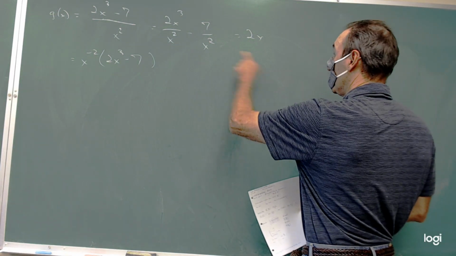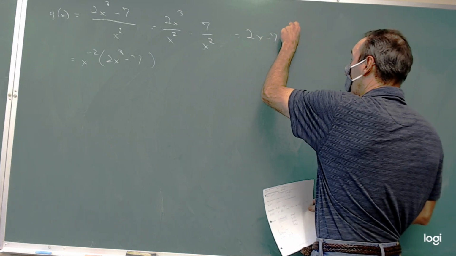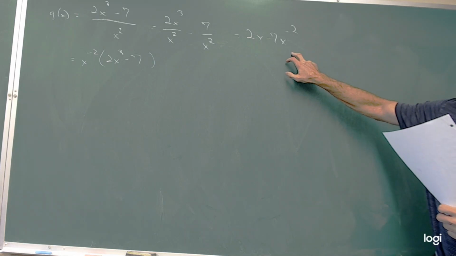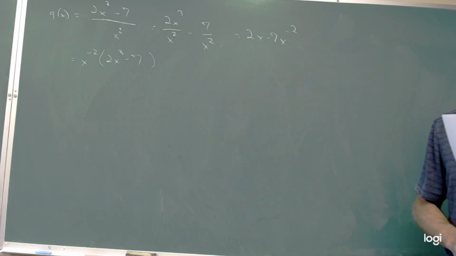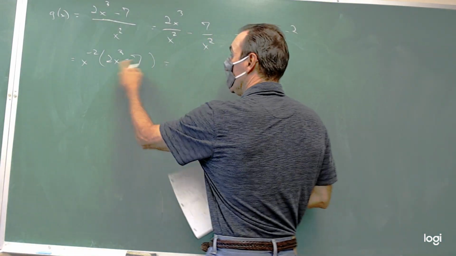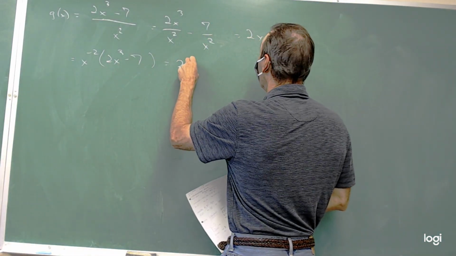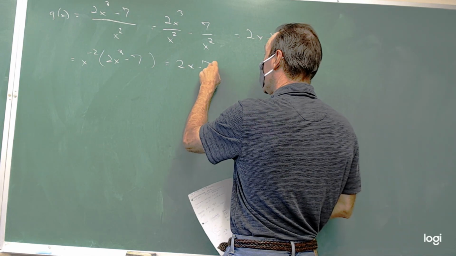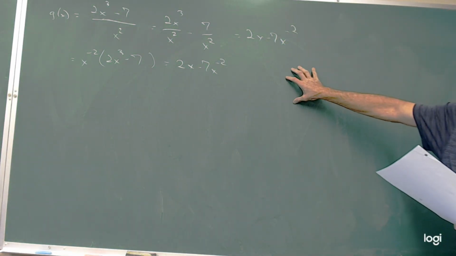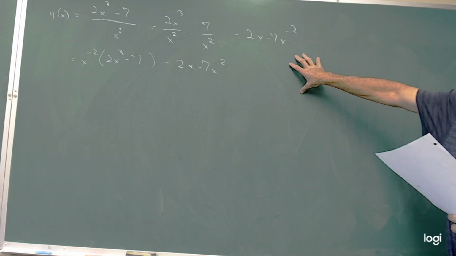And then the 7 over x squared, I would call 7x to the negative 2, because that's a more derivative-friendly form than leaving it over x squared. Is that okay? We get to the same place this way, because when we add exponents we get 2x, and then there's our minus 7x to the negative 2. We haven't done any calculus yet, but we're not going to use the quotient rule.